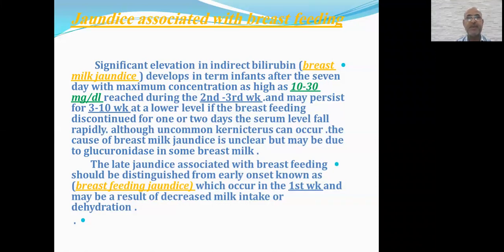So keep in mind the simple difference between breast milk jaundice, due to the enzyme and appearing after the first week, and breastfeeding jaundice, which results from less intake or dehydration and appears in the first week.